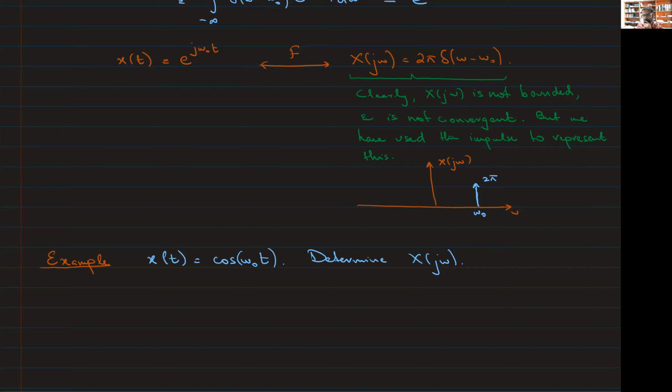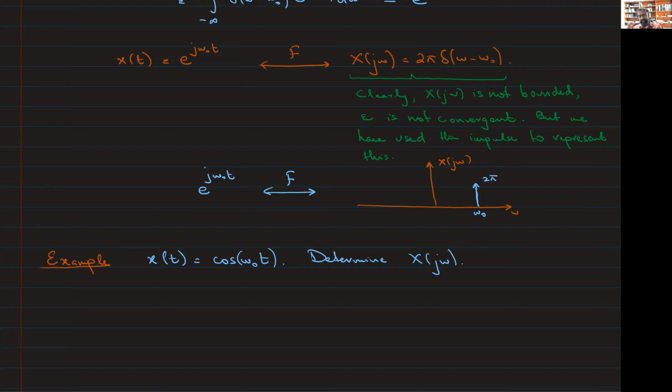How do you determine the Fourier transform? Achha, by the way, before I go that route, there's a very clear intuition which follows here. When I say e raised to j omega naught t, what is its Fourier transform? The Fourier transform for that is just an impulse, and that impulse resides at omega equals omega naught.